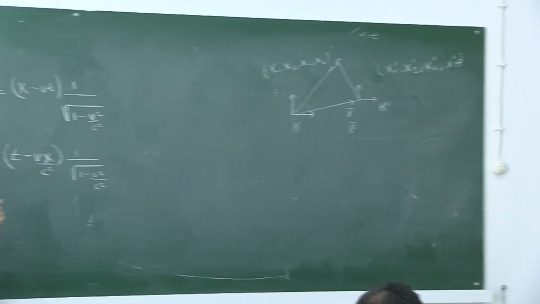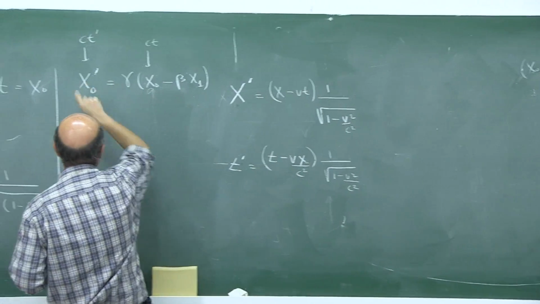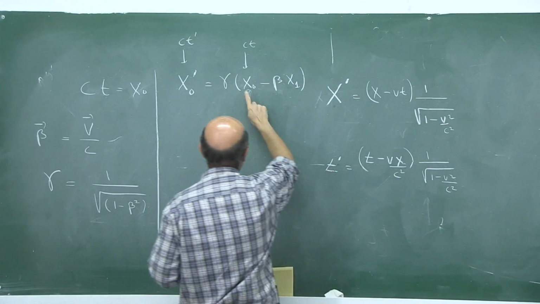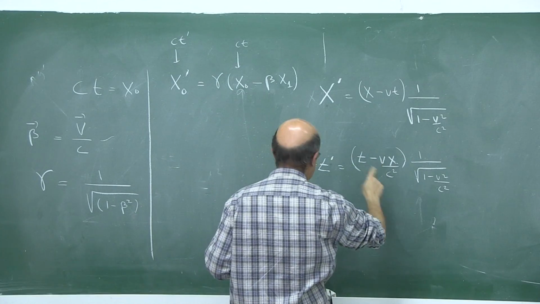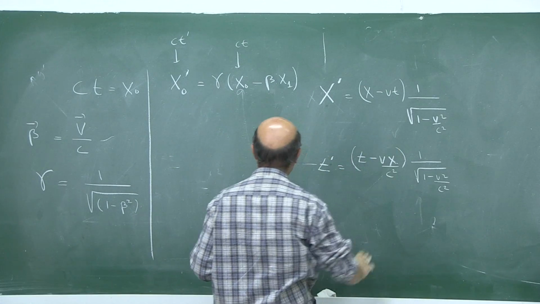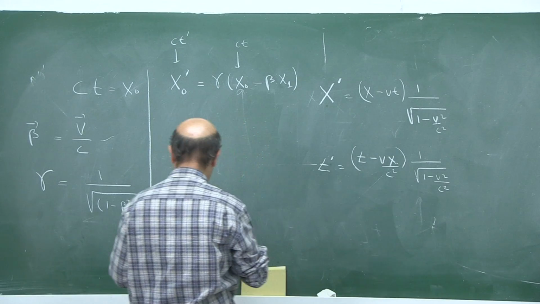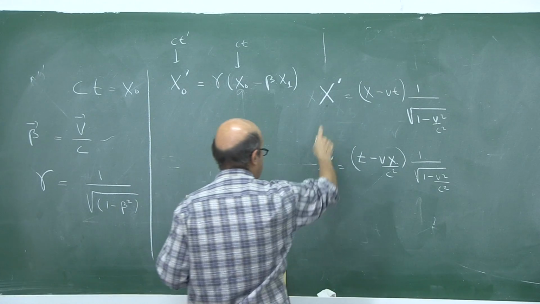So let us look at it again. C times t prime is x0 prime. C times t is x0. This bunch is the gamma factor. V over c is beta. X is the x coordinate, so x1.